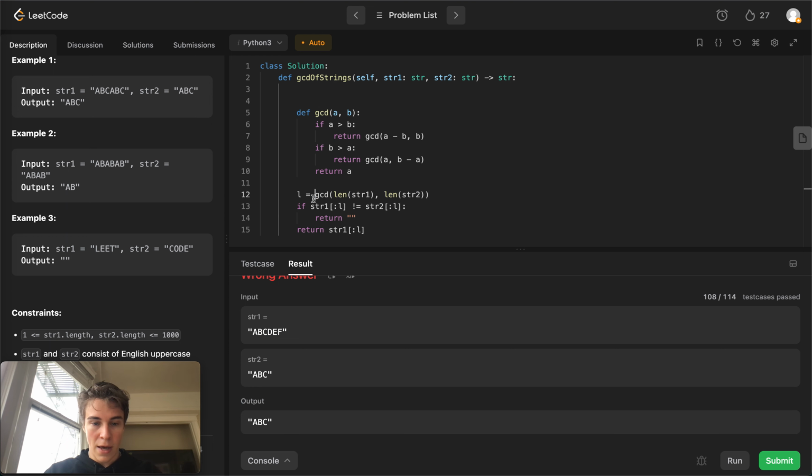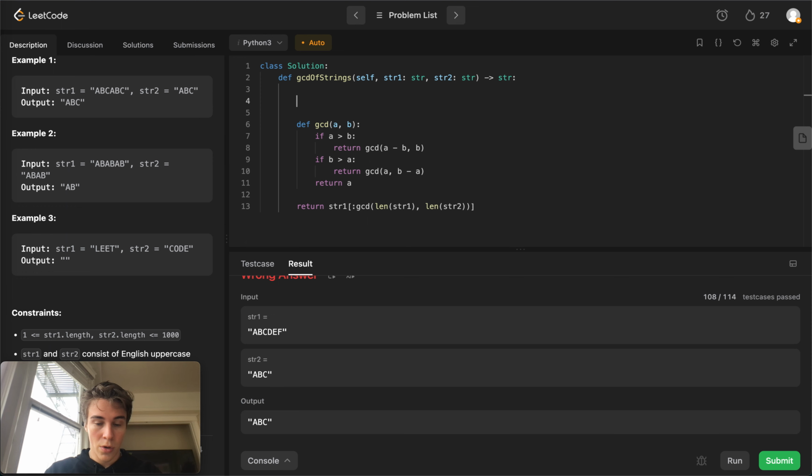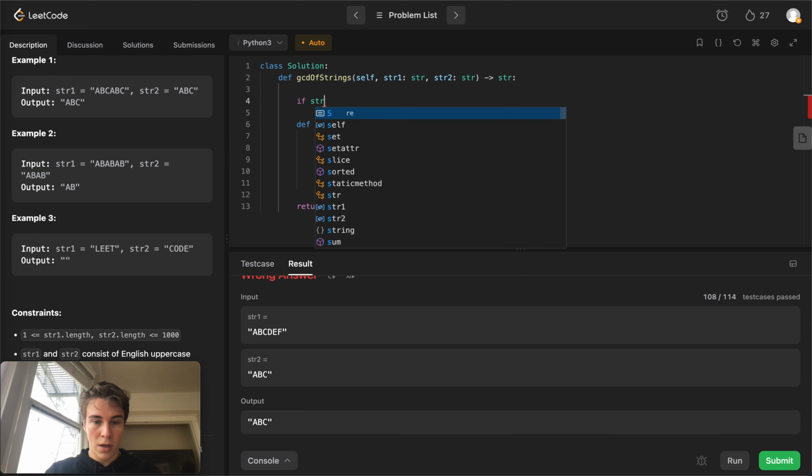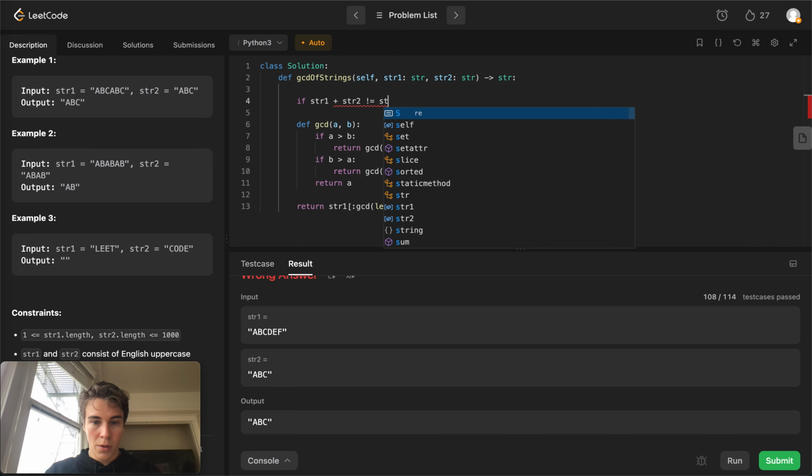And I'm thinking that another solution could be to see that the concatenation of str1 and str2 are equal. So if str1 plus str2 equals str2 plus str1.